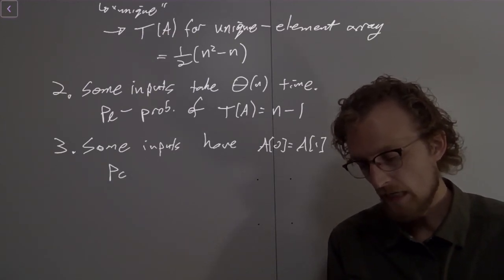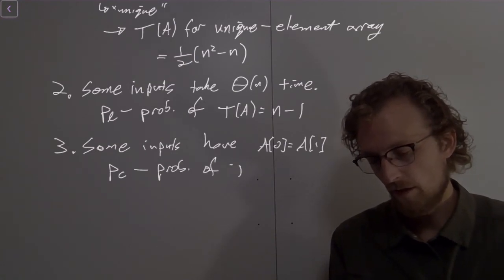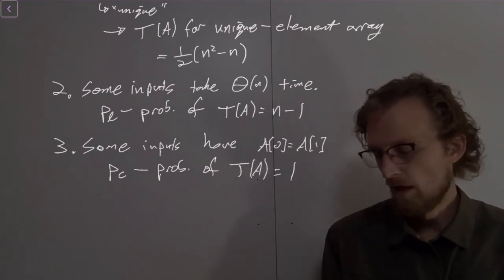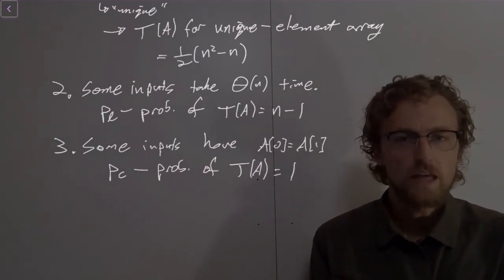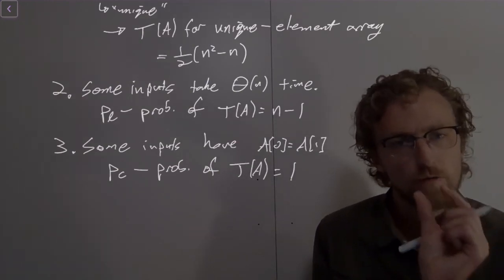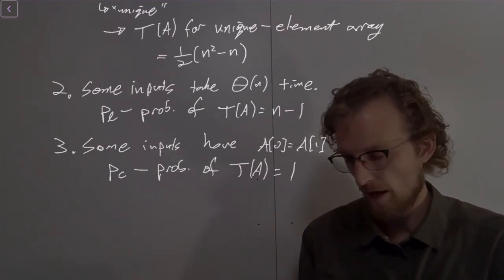So PC is the probability of some input having a constant running time. This is what you would get if A0 equals A1, or A0 equals A2, or you find repetitions very, very early in the array.